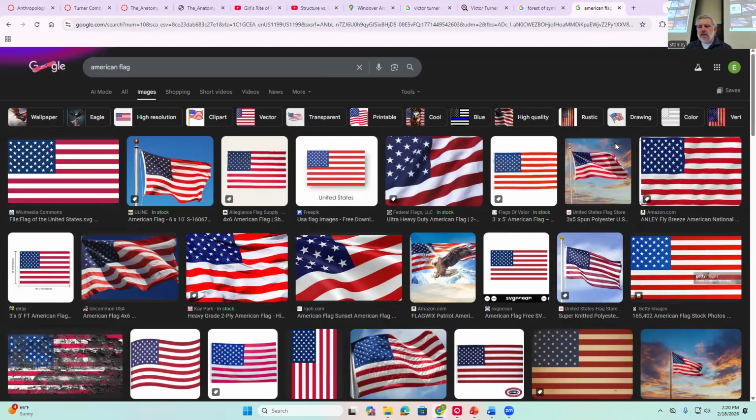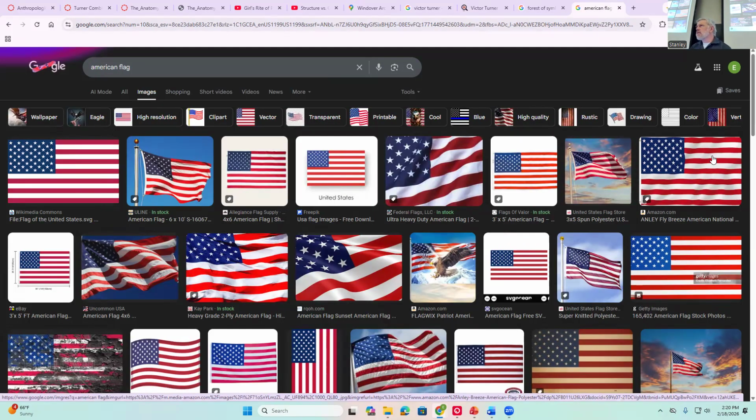So, for instance, what is the external form of this? What do we see just looking at it on the most external level? Stripes and stars, and we can even talk about what colors, red and white, and how many stars there are. This is our perspective on it without talking to anybody.